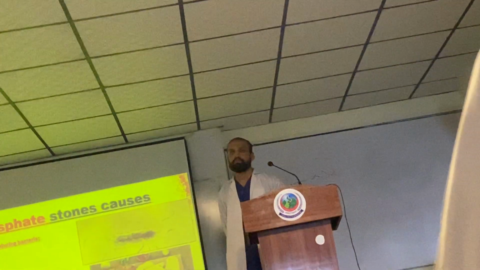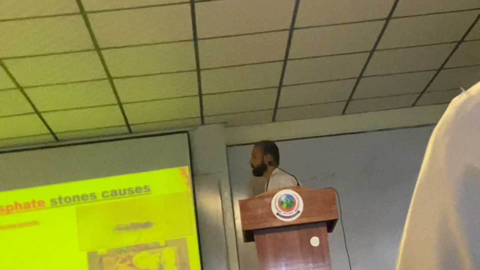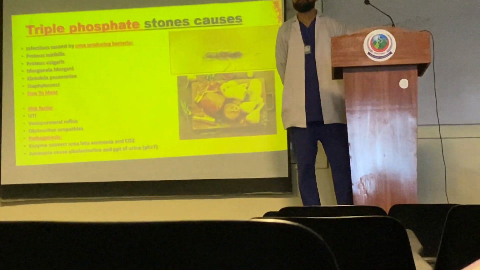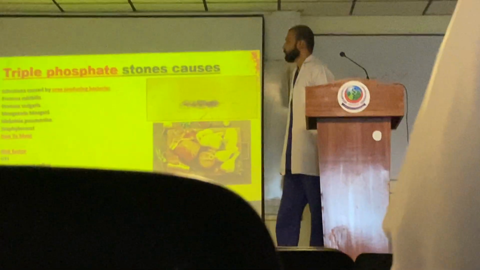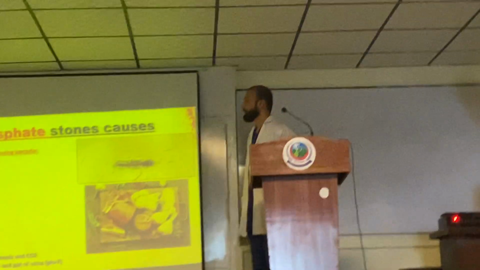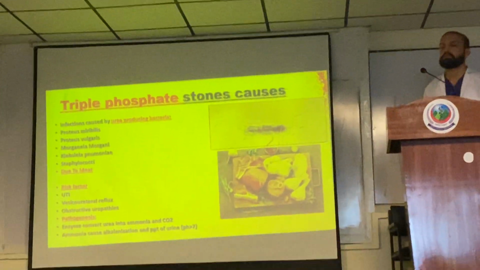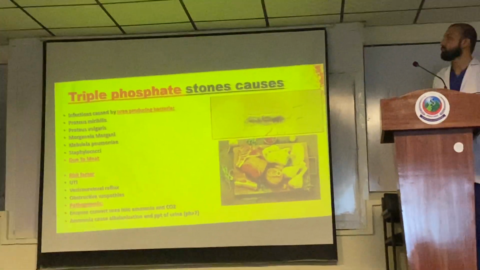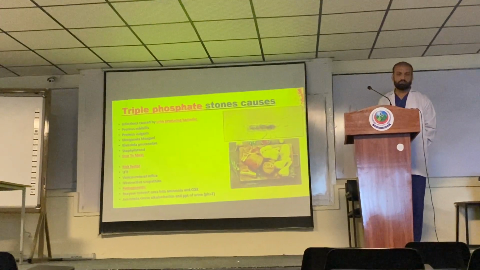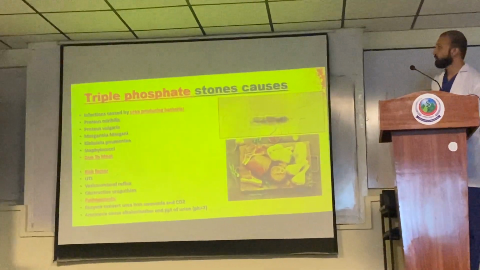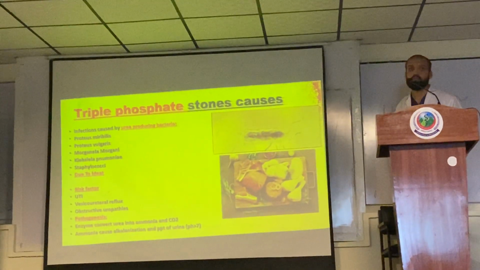So what are the uropathogens responsible for stone formation? Mirabilis, vulgaris, Klebsiella. Remember these three. So when you culture a patient with UTI secondary to struvite stone, you will isolate these three bacteria, and they are known as uropathogens. Their favorite place is the urological tract.